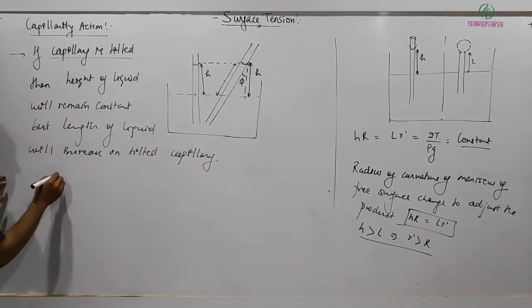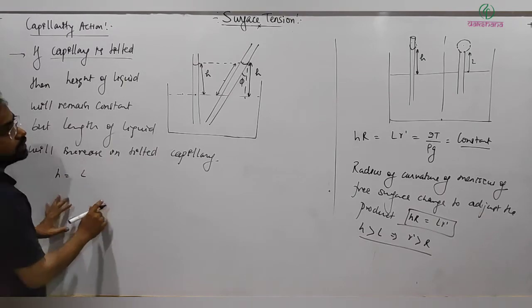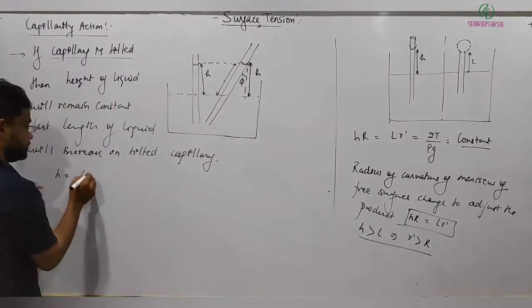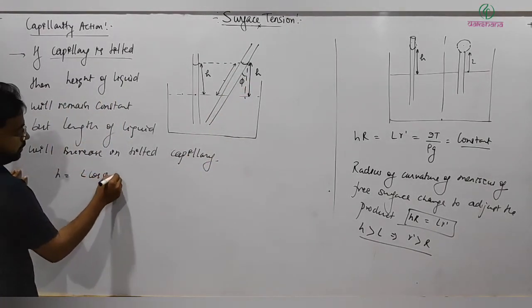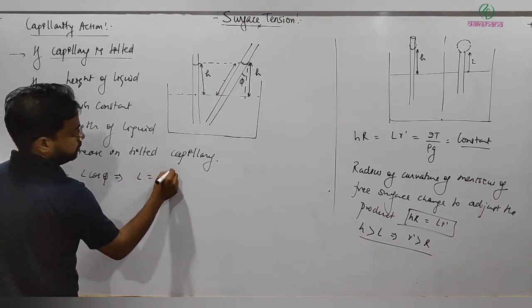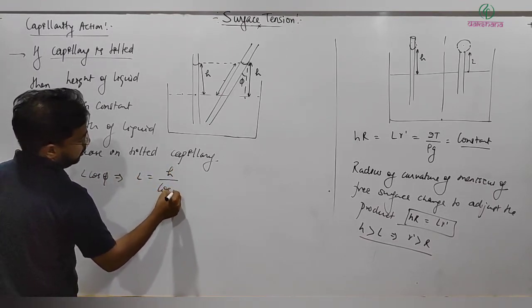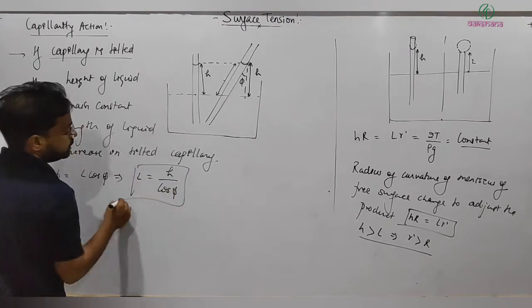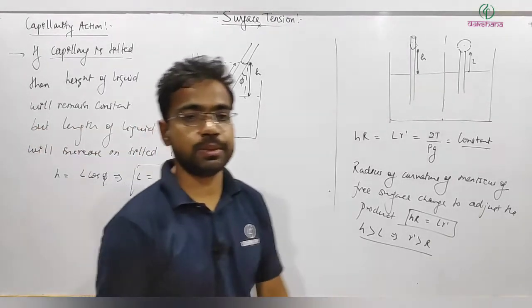So h becomes L cos phi, and this implies L will be equal to h divided by cos phi. So this is another case.